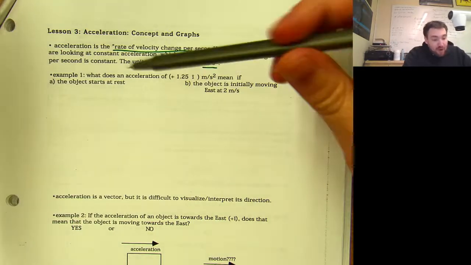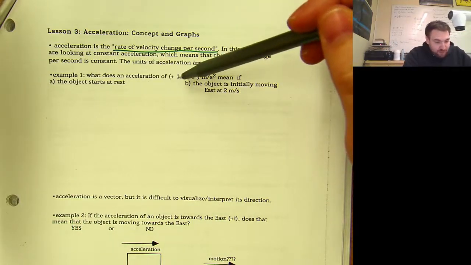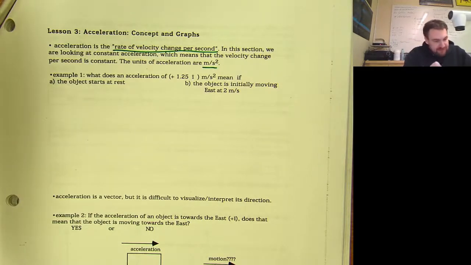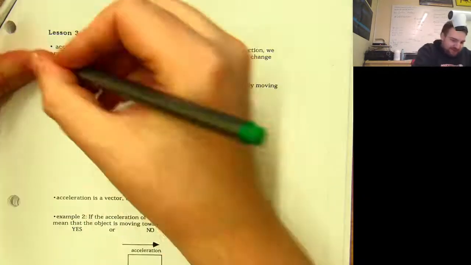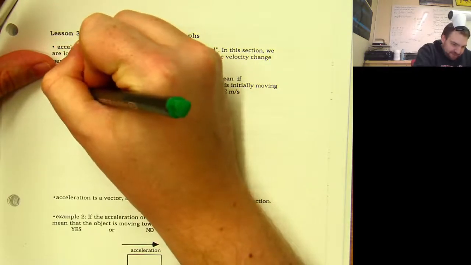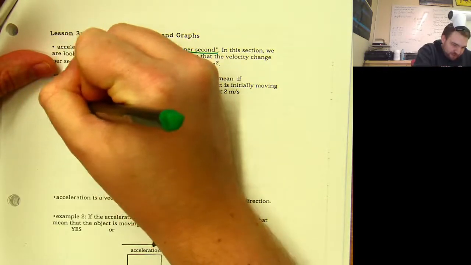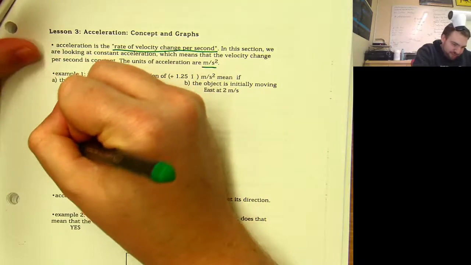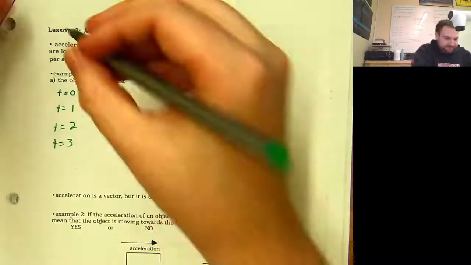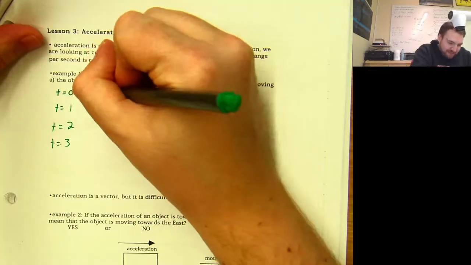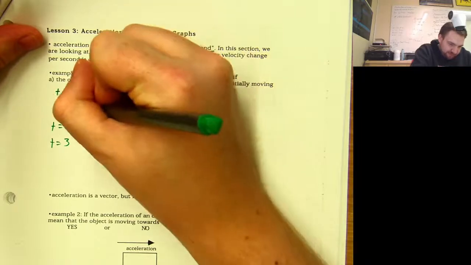So for example, what does an acceleration of plus 1.25 i hat meters per second squared mean? Well, let's talk about it. I've got some times here: at t equals 0, t equals 1, t equals 2, and t equals 3. If it starts at rest, that means my initial velocity is 0.